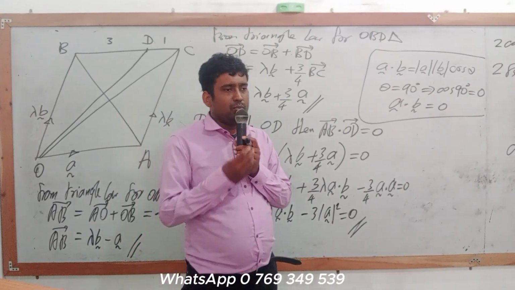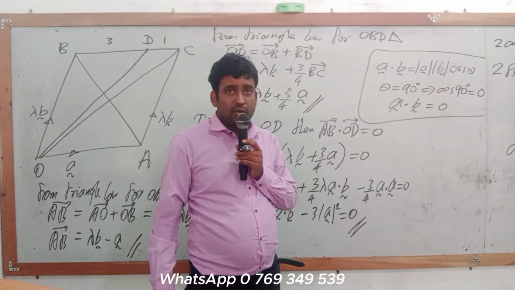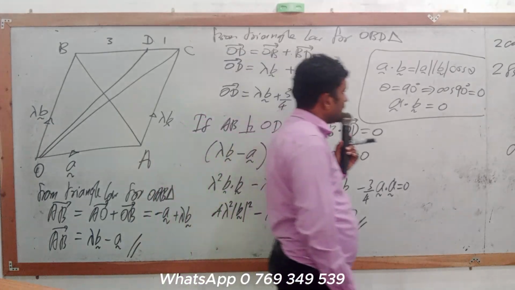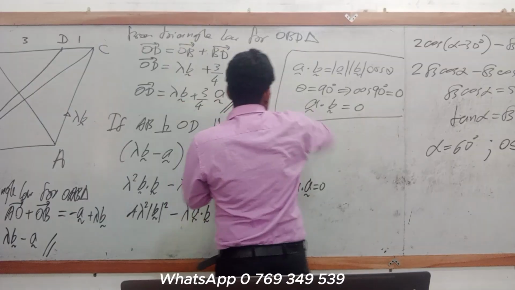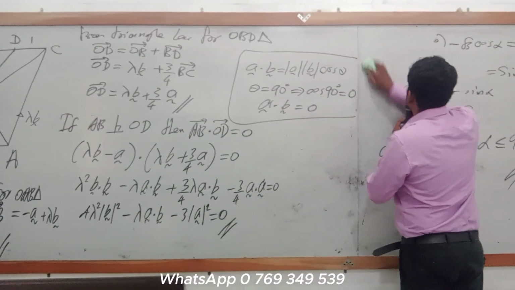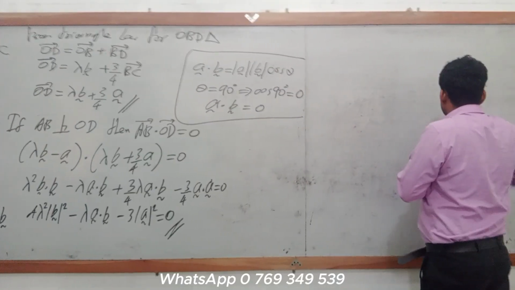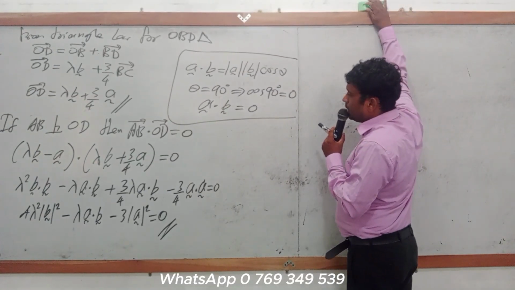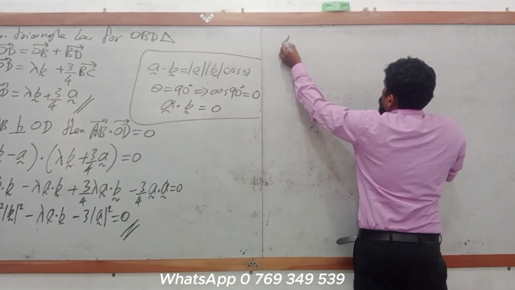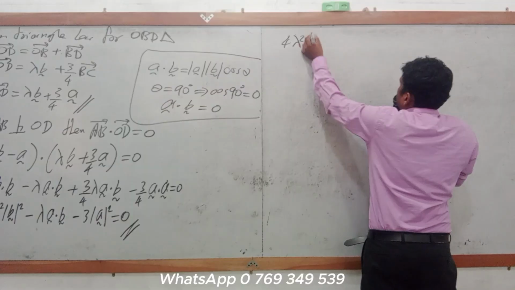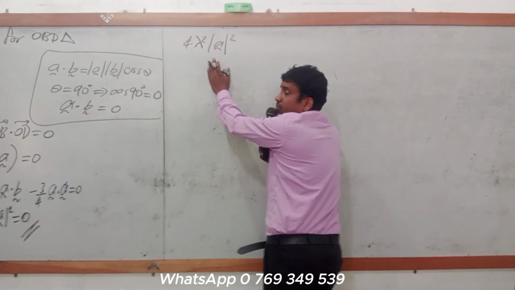Find the value of lambda if modulus A equals modulus B and angle AOB is pi by 3. Now we have 4 lambda square modulus A square. This is the modulus B; I am putting modulus A for that one.